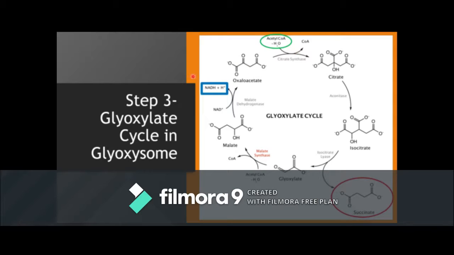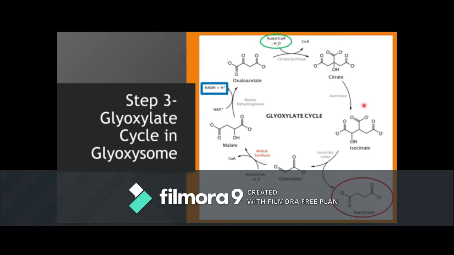The third step is the glyoxylate cycle in the glyoxysome. The glyoxylate cycle begins with the previous acetyl-CoA combining with water, which creates a citrate.